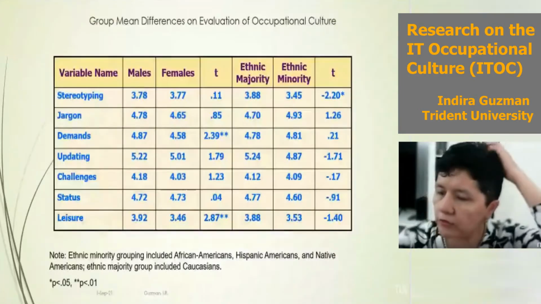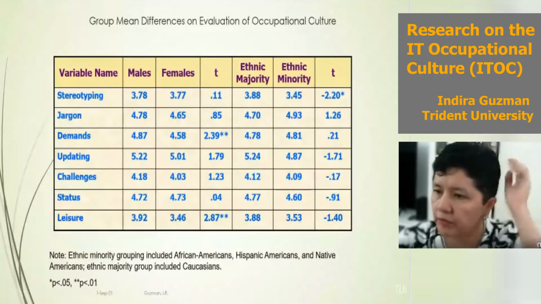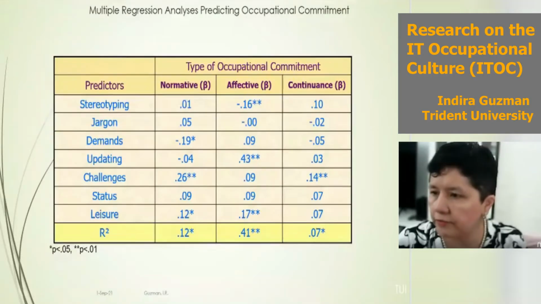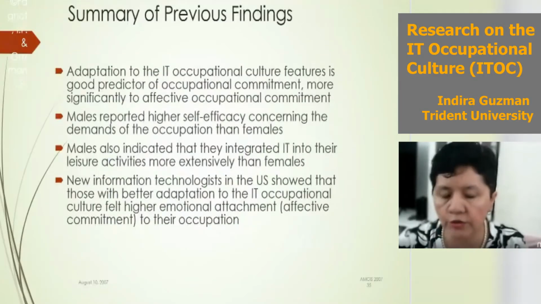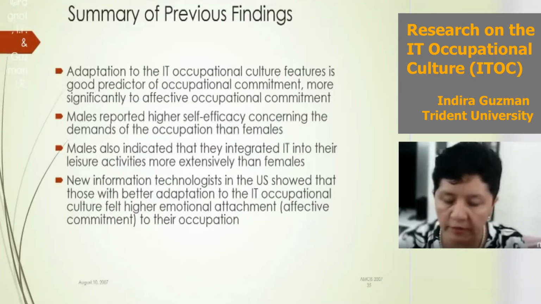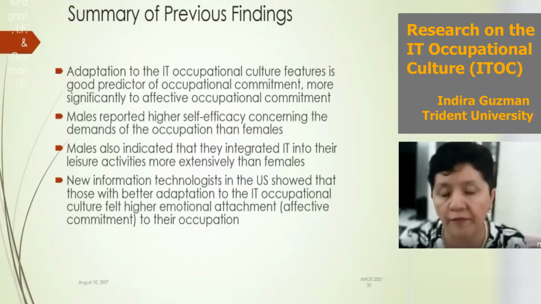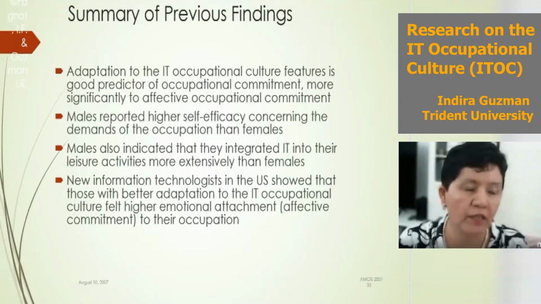Now I want to discuss some interesting findings in terms of the commitment. Affective commitment was the one with the most significant influence by adaptation to the culture. People who are really adapted to the culture will show a higher affective commitment, so they will stay in the profession because they want to. If you are a manager, you want affective commitment from your IT workers.